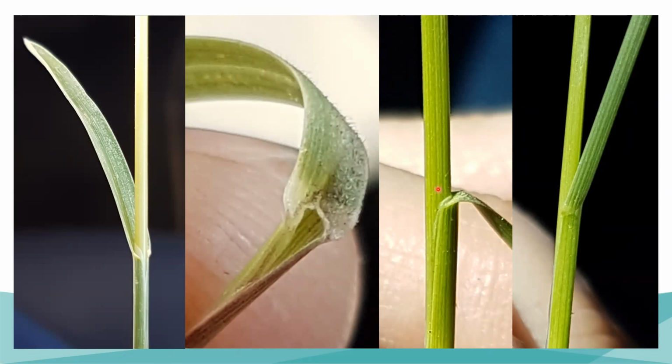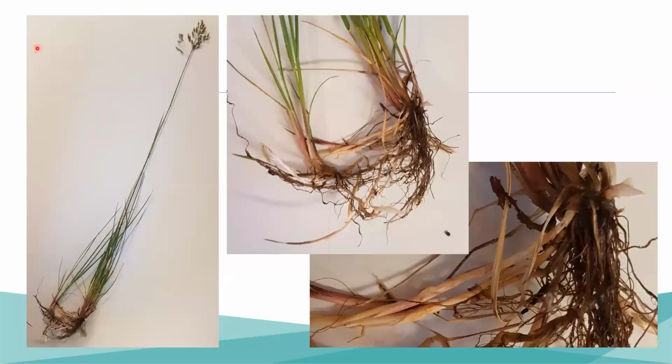There's no auricles, and there is no real defined color. That leaf is very folded, which is also how you get that boat-shaped tip. And finally, you have these really aggressive creeping rhizomes again.